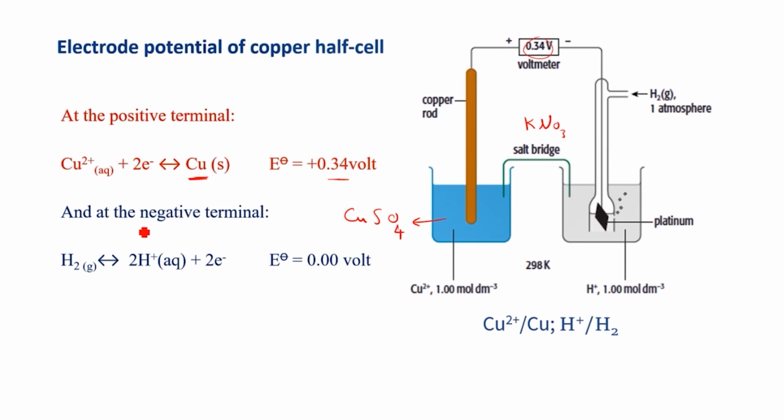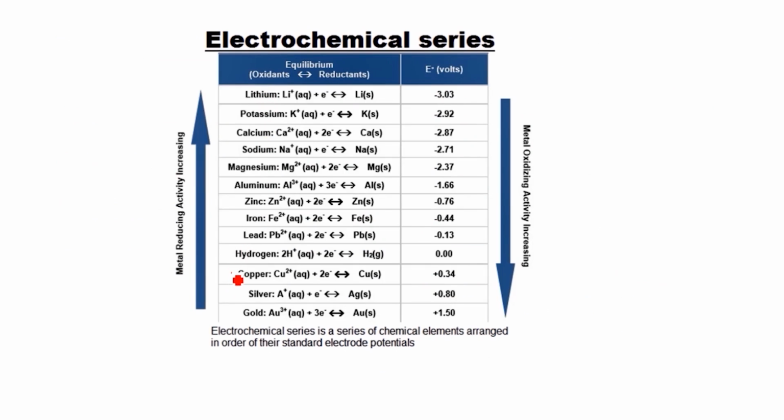And at the negative terminal, we have hydrogen molecule in equilibrium with 2 hydrogen ions and 2 electrons. The standard electrode potential values show us that copper ions are easier to be reduced than hydrogen ions. Copper ions gain electrons from the hydrogen half cell, where hydrogen ions lose electrons to the other half copper cell. The same reaction happens for all metals below hydrogen in the electrochemical series.